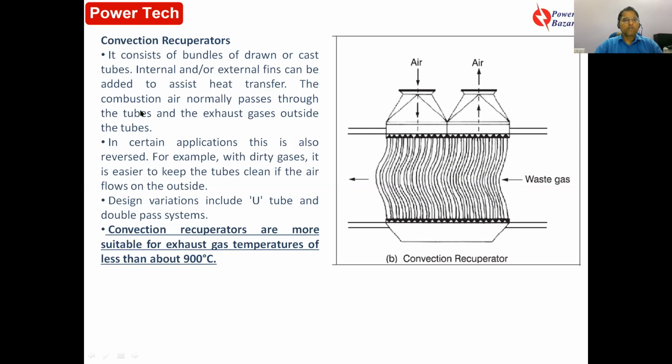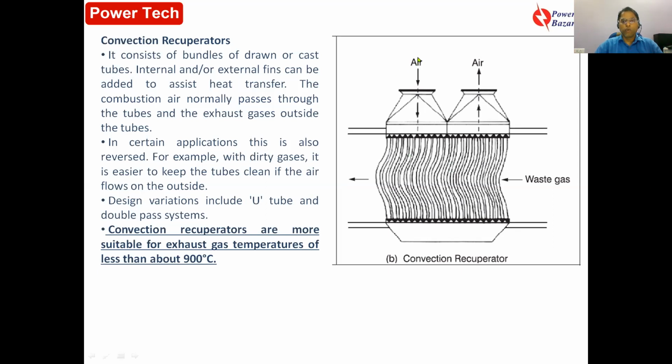Now basically the combustion air normally passes through the tubes and the exhaust gas outside the tubes. It has separate designs also, like U design and double pass systems. So based on the different requirements, we can have different types of designs. In certain applications, it can be reversed.